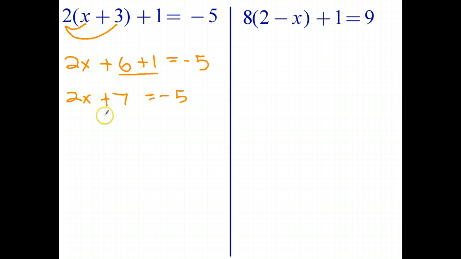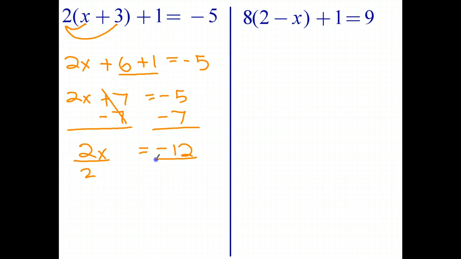The opposite of adding 7 is subtracting 7. And those cancel out. And that leaves just 2x on the left. Negative 5 subtract 7 is negative 12. And divide both sides by 2. And if I've done everything correctly, x equals negative 12 divided by 2, x equals negative 6.